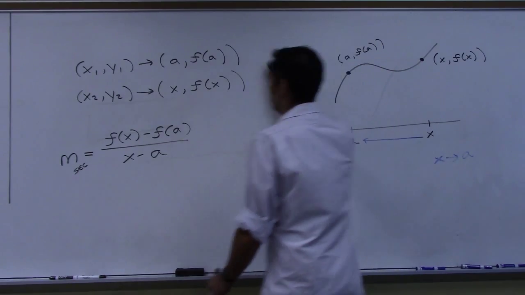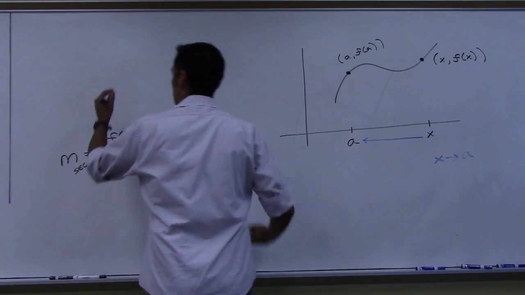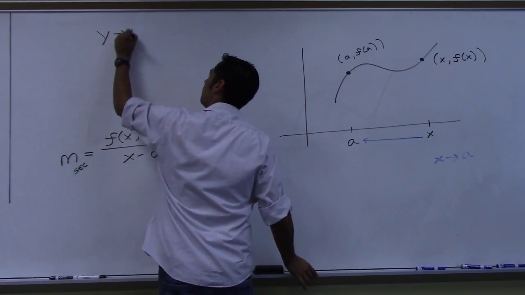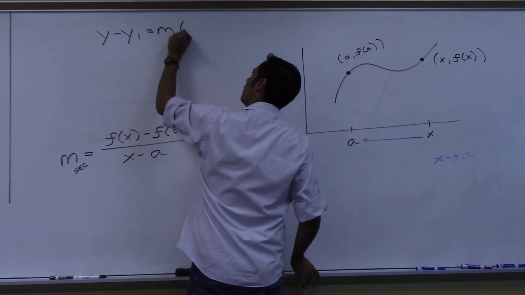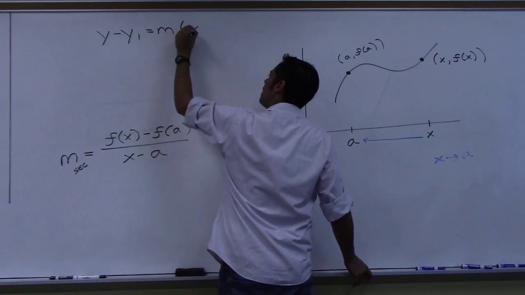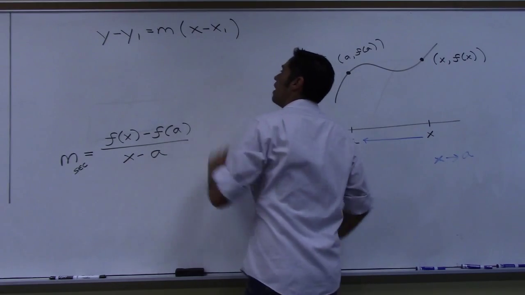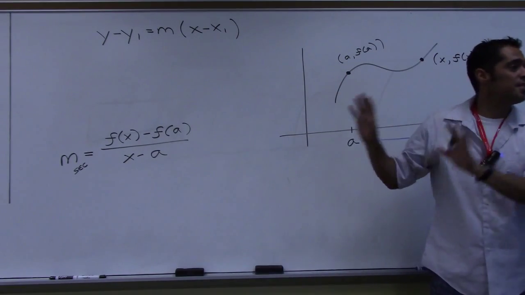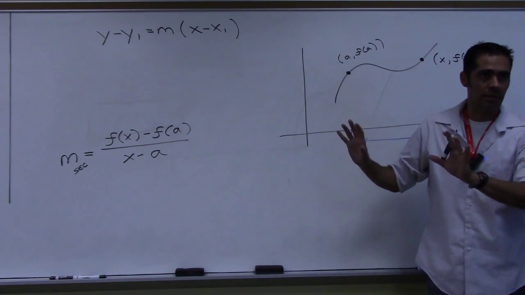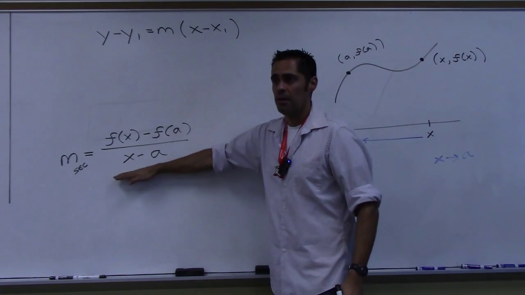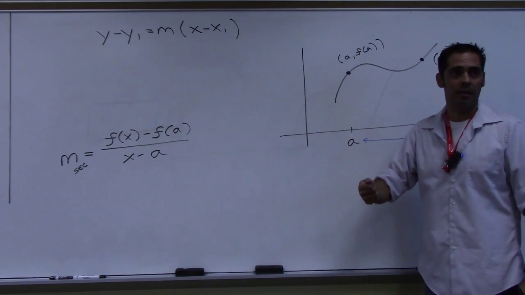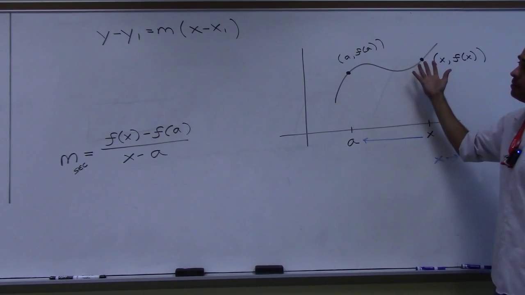I got to leave this up here. Using that same formula we just had, equation of, did I say tangent? I meant secant. Can we find the equation of the secant line? Correcting myself. We have the slope of the secant line, don't we? Can we find the equation of the secant line? Well, in terms of this, we can.